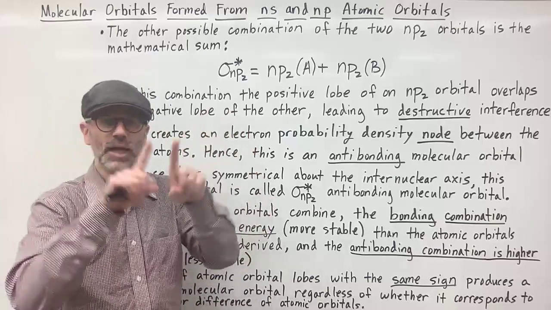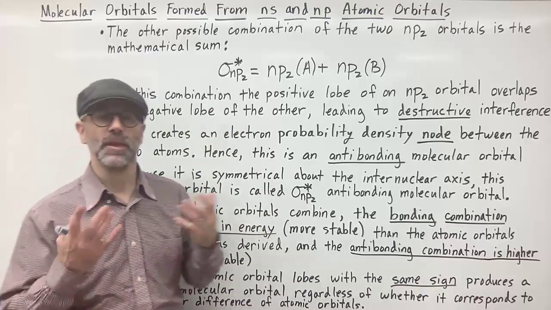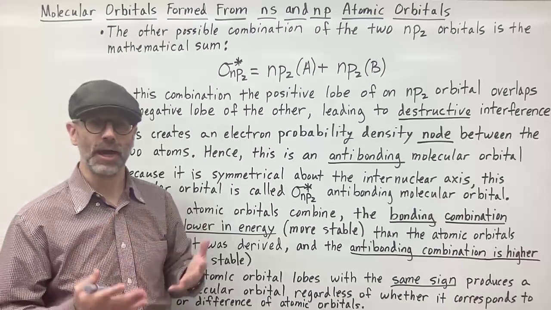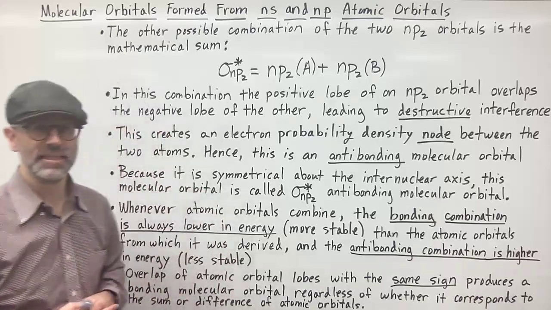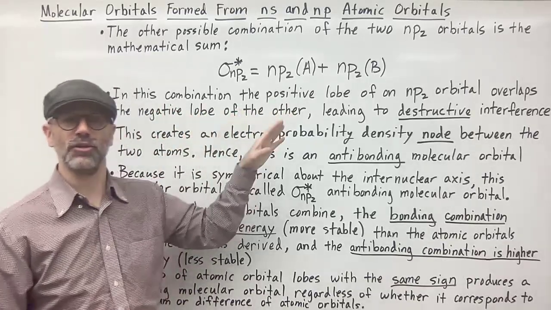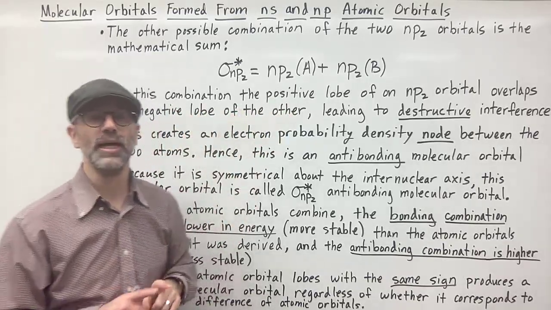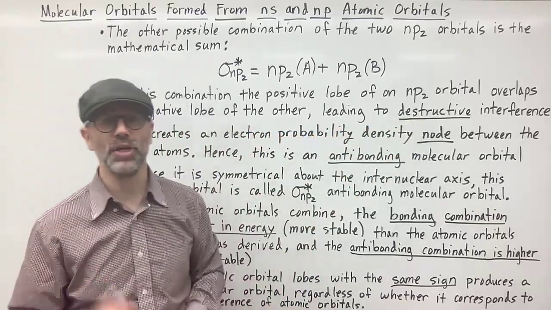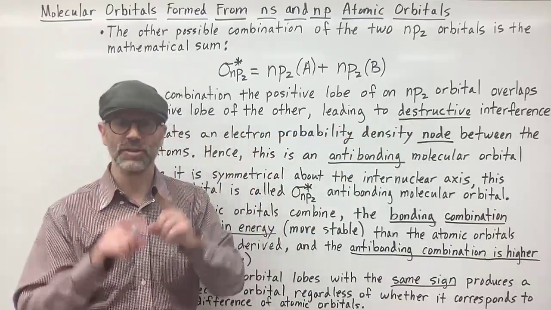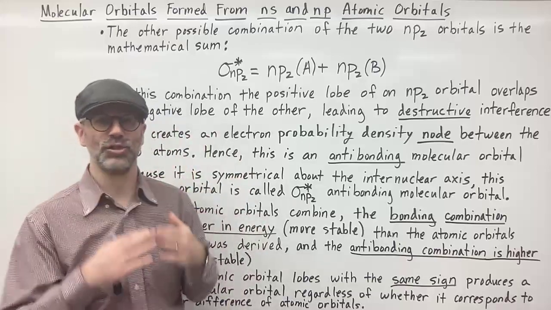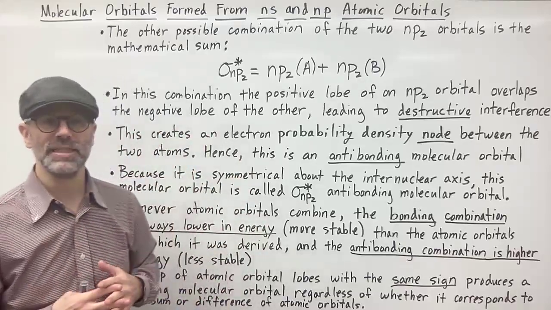So when the two positive lobes overlap, that's going to lead to constructive interference and therefore a bonding orbital, in this case sigma. In this case, the combination of a positive lobe with a negative lobe gives rise to the destructive interference that we talked about before. So two waves come together, they destructively interfere, means they kind of cancel each other out. And that's what happens here.